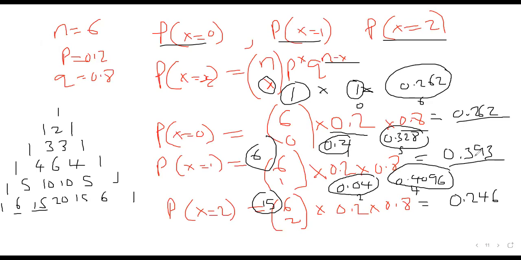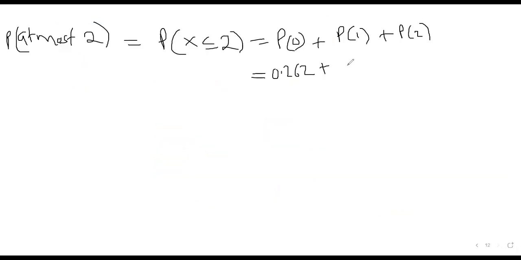The probability of 1 was 0.393. Then 0.246. So in this regard, what are we getting? The total probability here we're getting is 0.901.